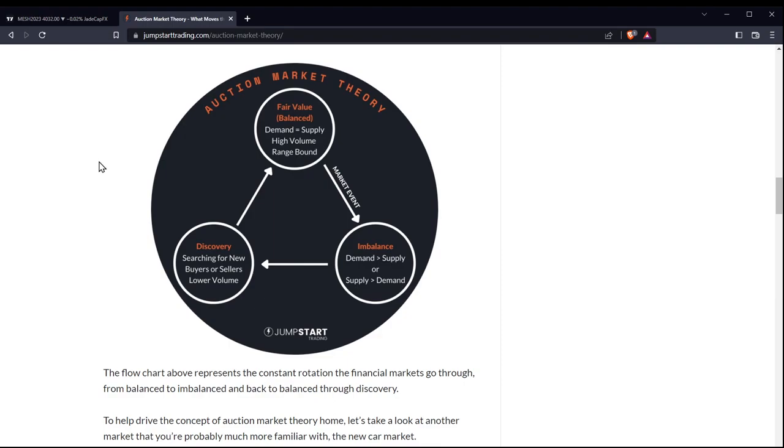So, in a market, we're really only going to have three types of market conditions or prices for a specific market. They're either going to be at a premium, a discount, or somewhere at fair value, which is in between a specific range.